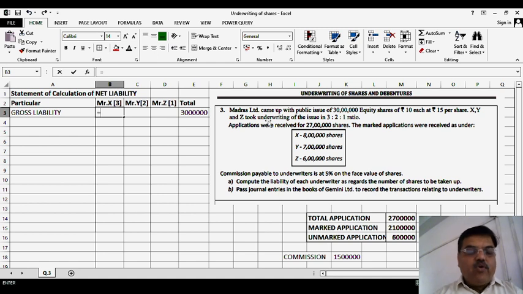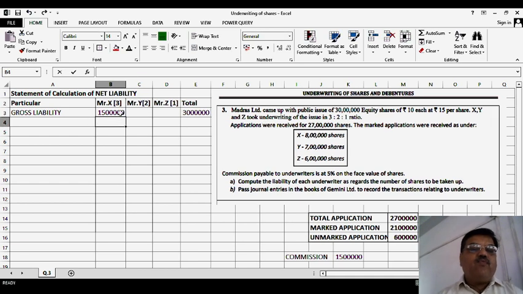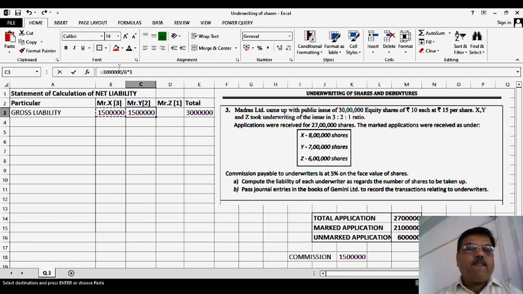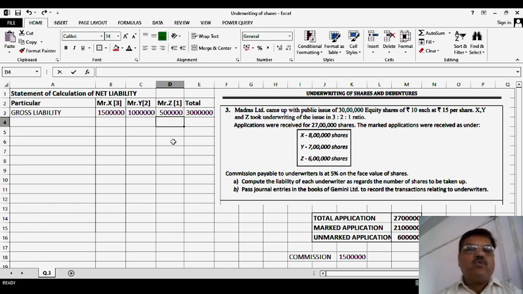So you can calculate that 30 lakh divided by total of 3 plus 2 plus 1, 6, multiply by 3, that is for Mr. X. So it comes to 15 lakh. Again, the next, here 30 lakh divided by 6 multiply by 2, it comes to 10 lakh. And again over here for Mr. Z, I just have to make a change and it comes to 5 lakh.